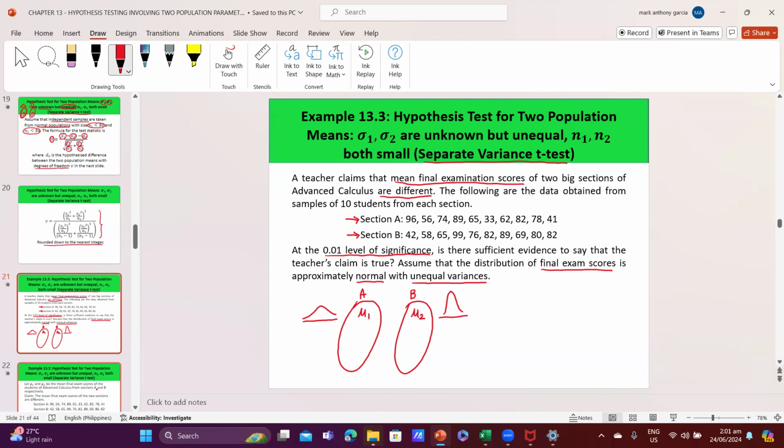Now, notice that I've drawn two bell-shaped curves with different widths.